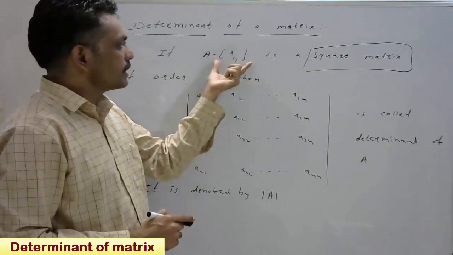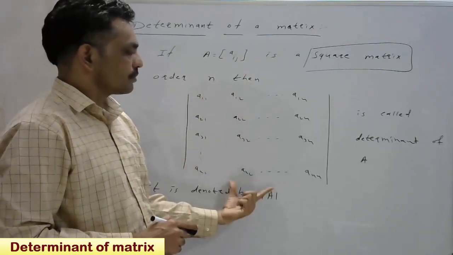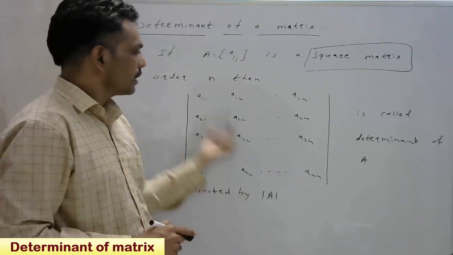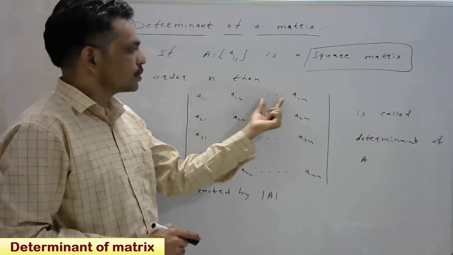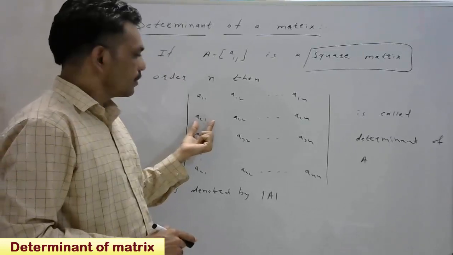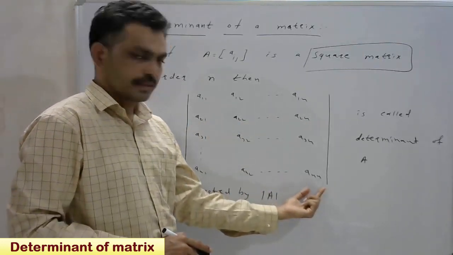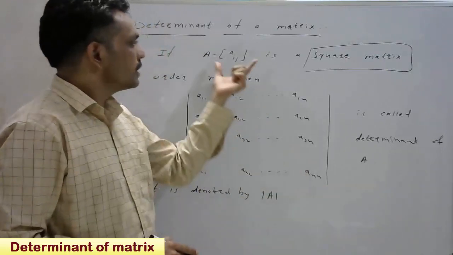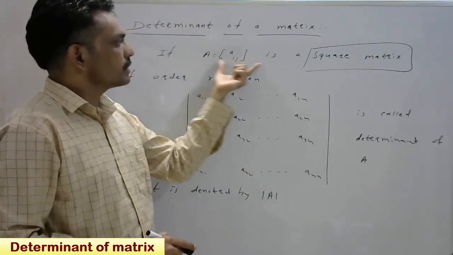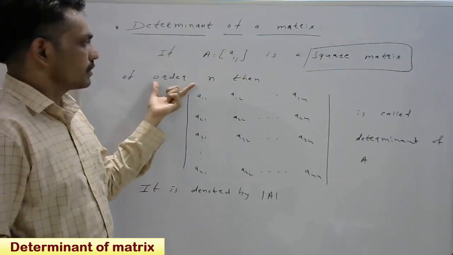Then this matrix A can be written in this form: a11, a12 up to a1n; second row, first column element is a21, a22 up to a2n; and so on up to ann.